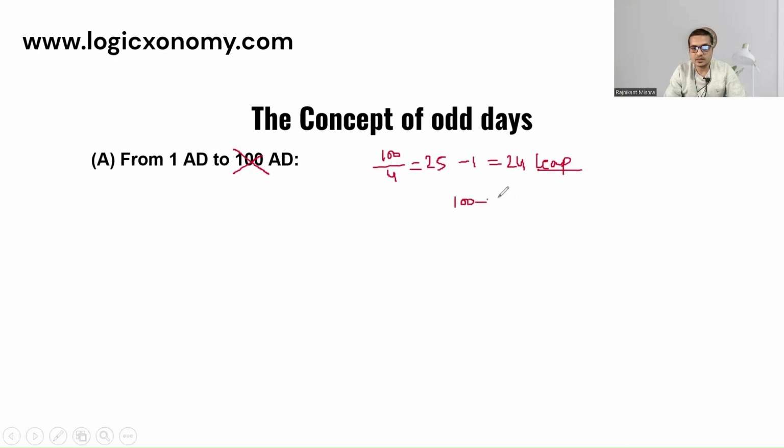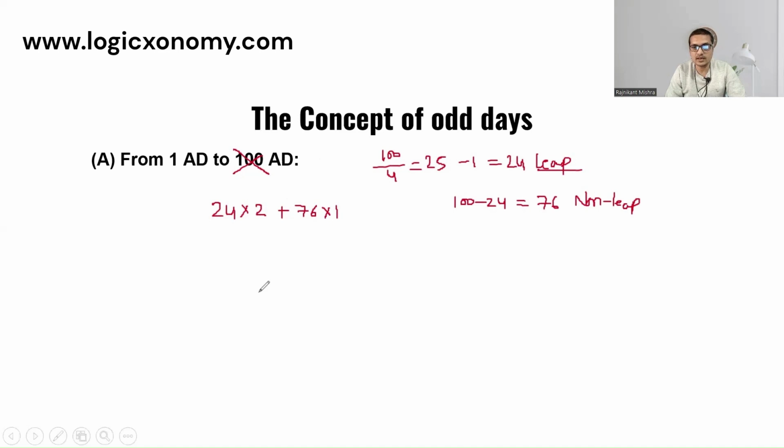100 minus 24 is equal to 76 non-leap years. Now, each leap year has 2 odd days and each non-leap year has 1 odd day.